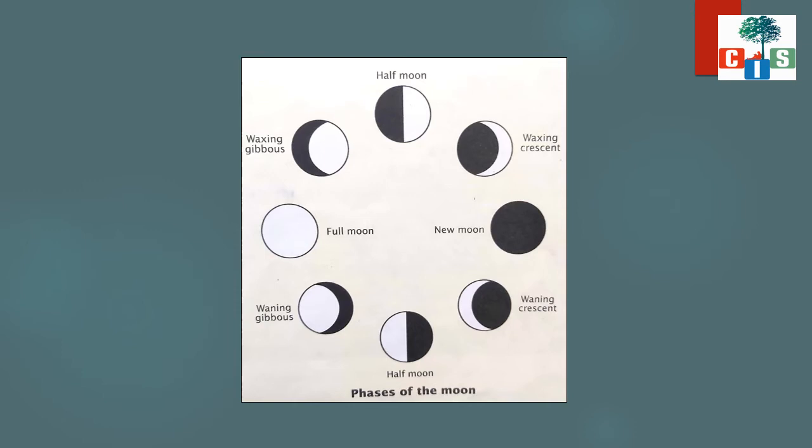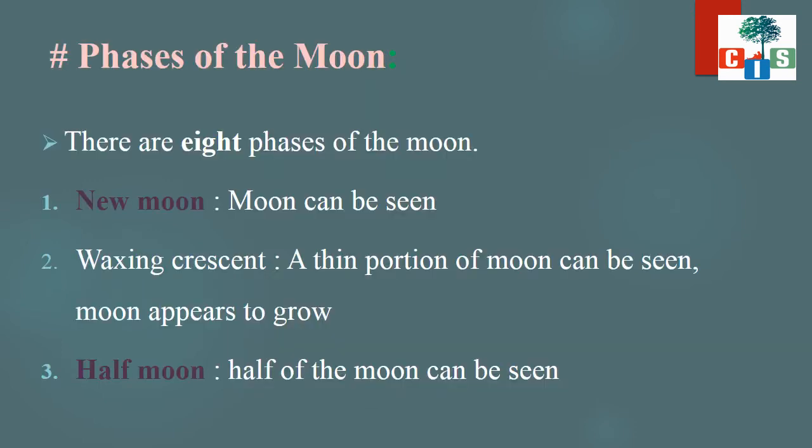So, the moon appears to change shape. The part of the moon lit by the sun keeps changing as the moon revolves around the Earth, and due to this there are 8 phases of the moon. Are there? Yes, there are 8 phases of the moon. Now let's see each phase one by one.